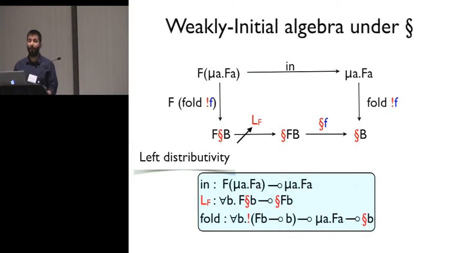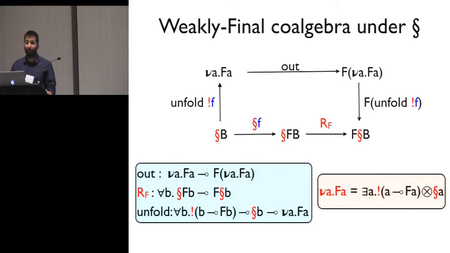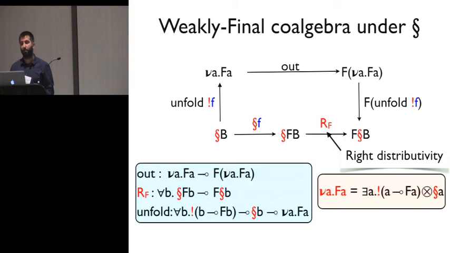So this is the restricted notion of algebra that we can achieve in this language. We require that we have this left distributivity for the functor. We can do something similar for coalgebras, and now what we need is a right distributivity. So these two notions are like the usual weakly initial and weakly final notions, but we have these two distributivities.